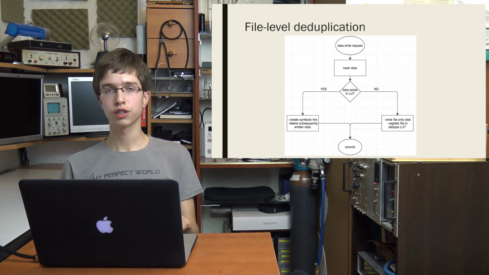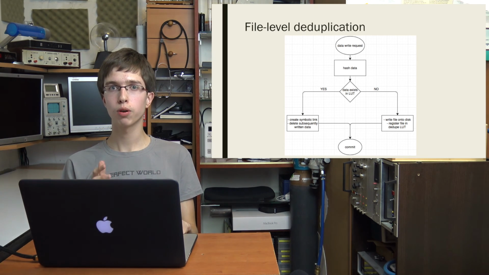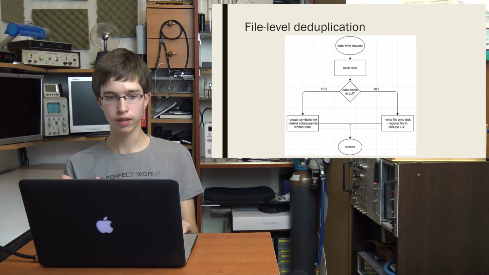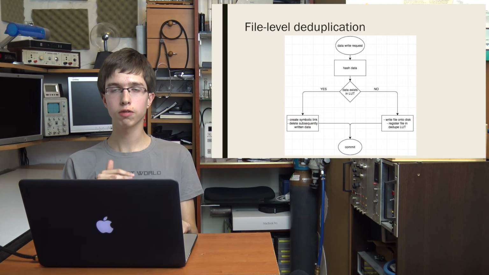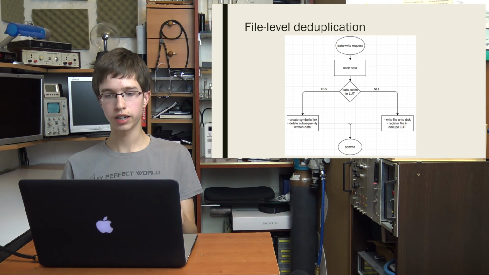If that file is already written onto the disk, then a symbolic link is created, and this symbolic link represents the file with the file name, and after that the subsequently written data are deleted. In the second case, if there isn't a file already written onto the disk, the file is firstly written onto the disk and registered in that dedup lookup table.